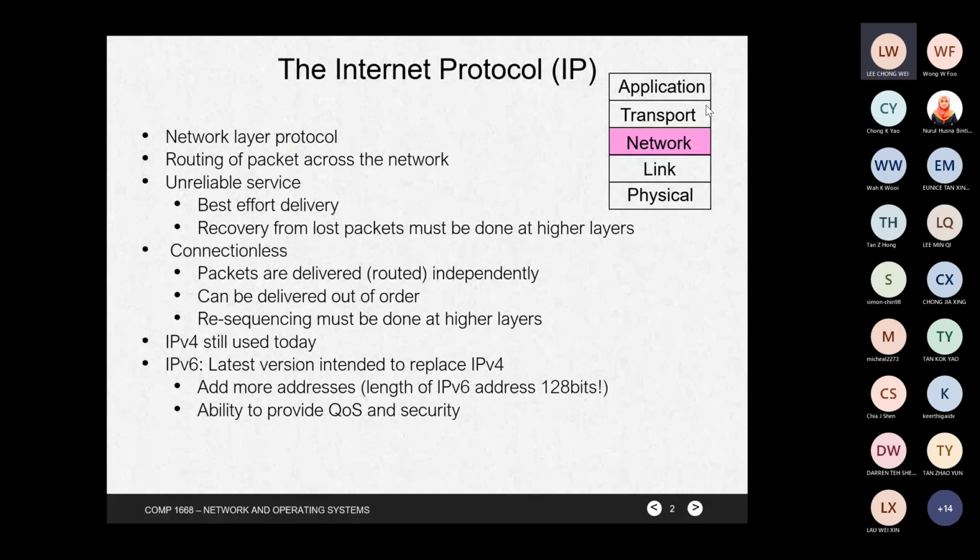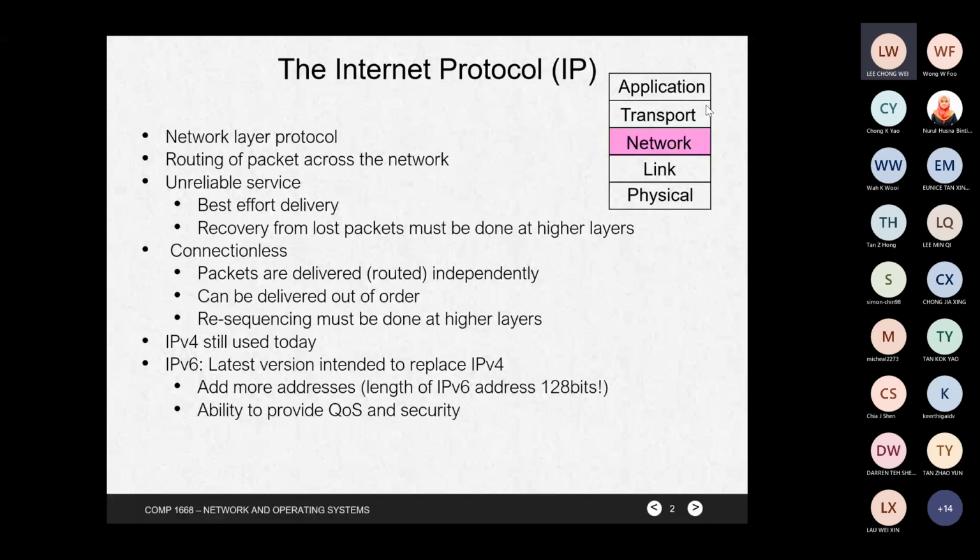That's the reason why it is written there that they can be delivered out of order, because in your header there is information for each packet, the sequence of the packet, and a lot of other details, as we have seen inside the header for each layer. So resequencing will be done at the higher layer before it is passed to the lower layer.